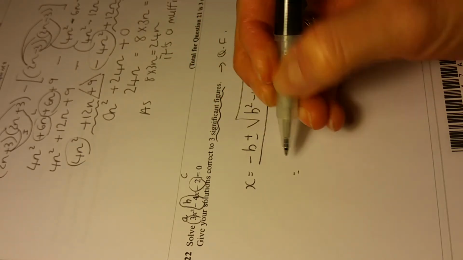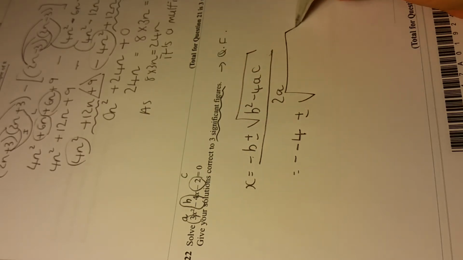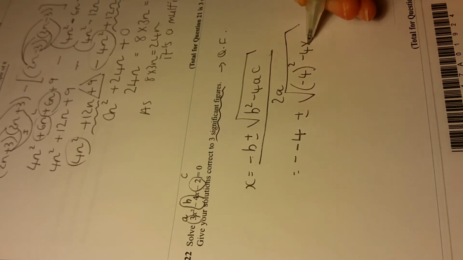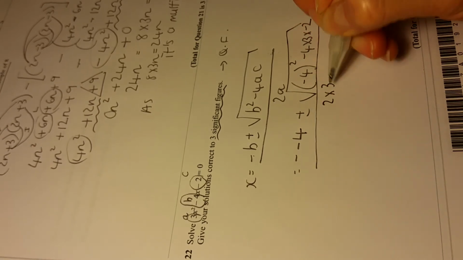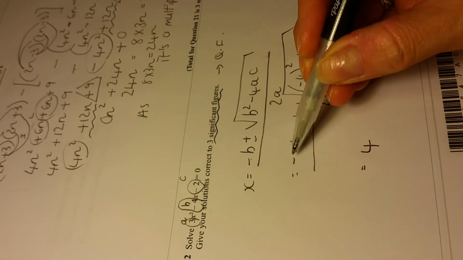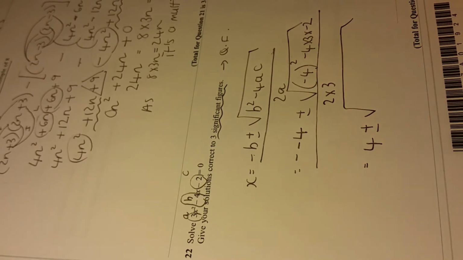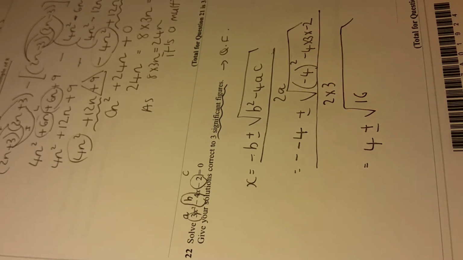Now, if in doubt, sub it in. So we get minus 4, because we've already got the minus 4, plus or minus the square root. Remember the brackets? Minus 4 squared, take 4 times 3 times negative 2, all over 2 times 3. So I've got 4, because minus plus or minus the square root of, now you can use your calculator here, or a minus times a minus is a plus, so positive 16.